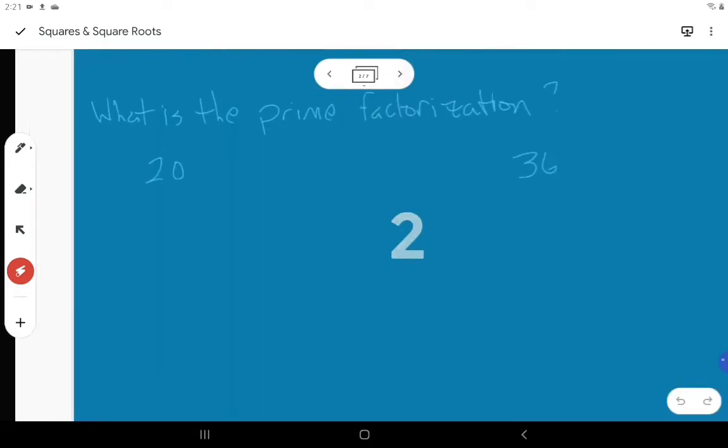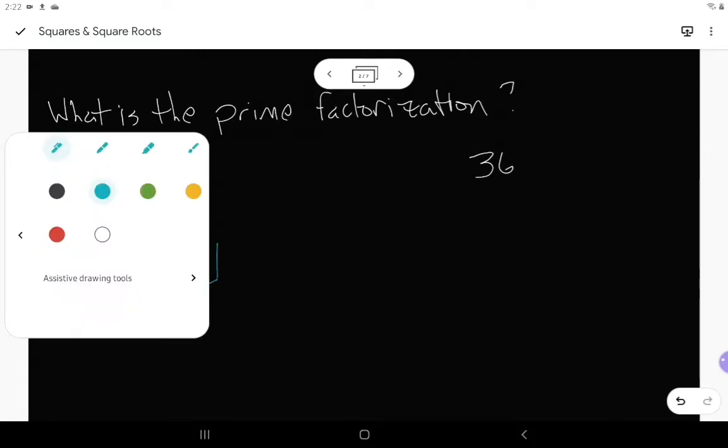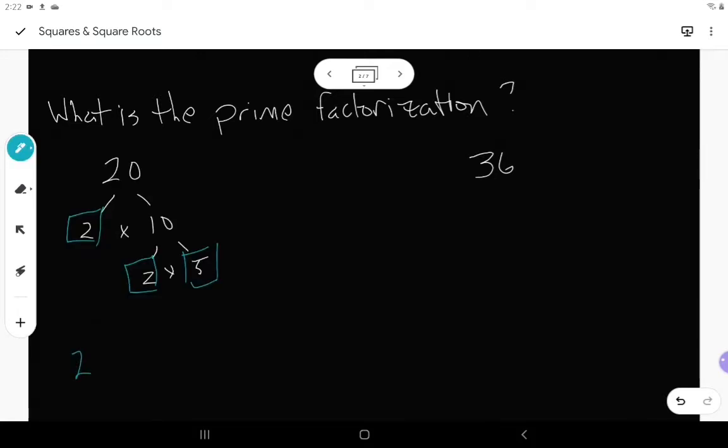Okay. Now, in the last video, we talked about finding the prime factorization of numbers. So I'm just going to really quickly find the prime factorization of these two things. So 20, I could split into 2 times 10, and 10 can get split into 2 times 5. And remember, we put boxes around our prime numbers. Okay. And so 20, I can write as 2 times 2 times 5, okay?